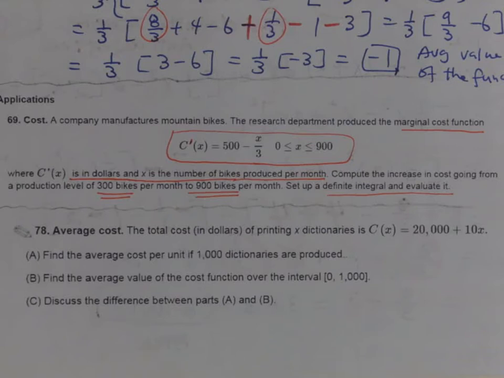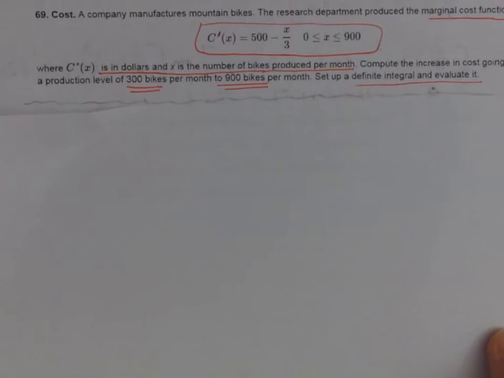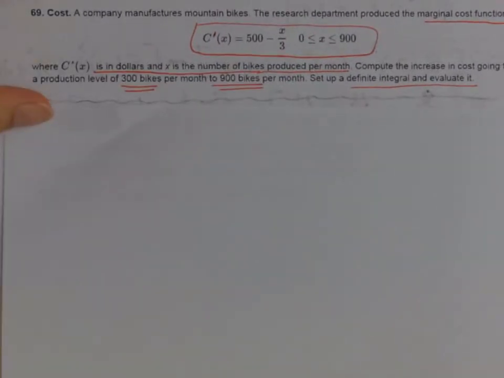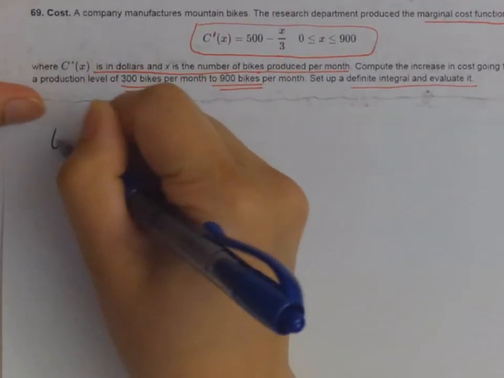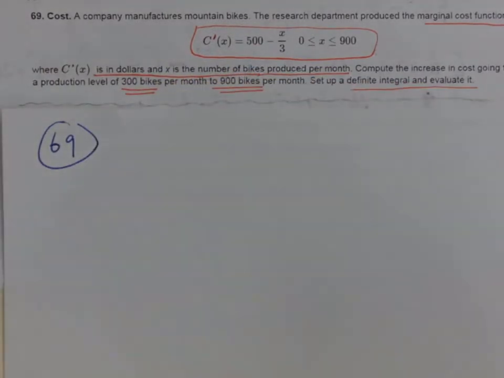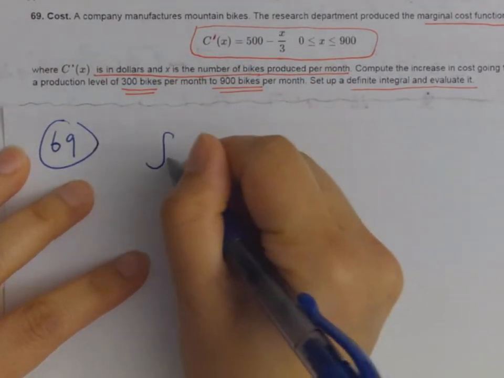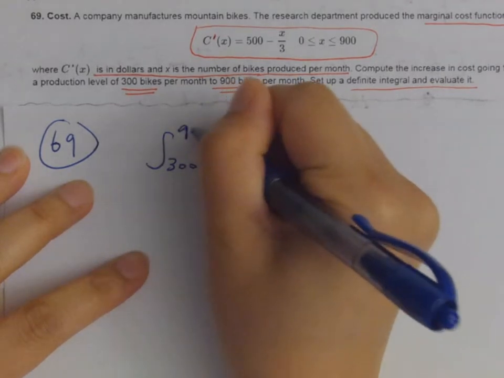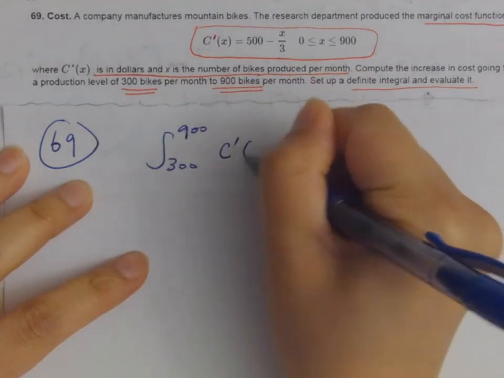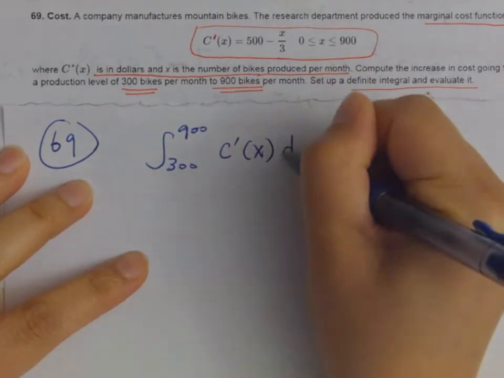Let's see, let me get a piece of paper. So this is number 69. Okay. They asked us to take the integral from 300 bikes to 900 bikes using the marginal cost function.